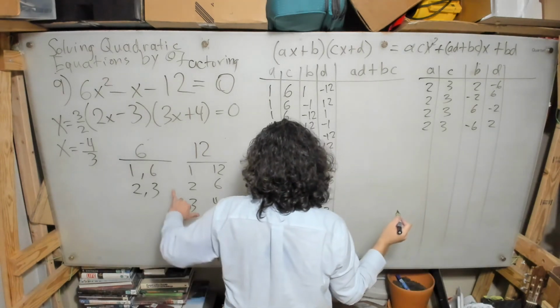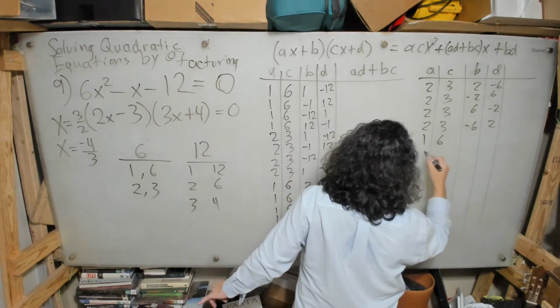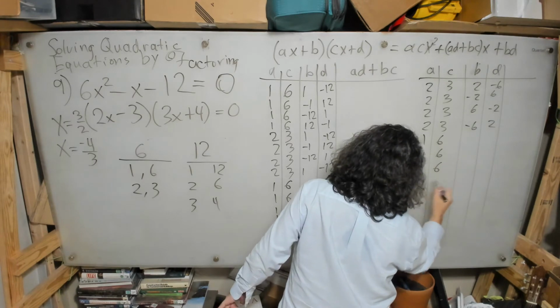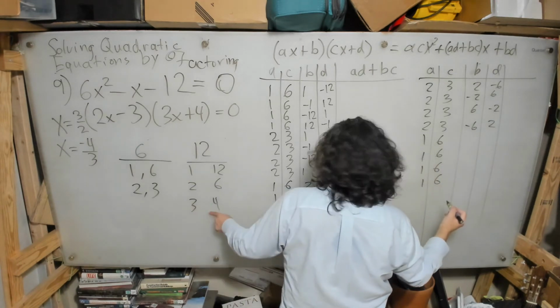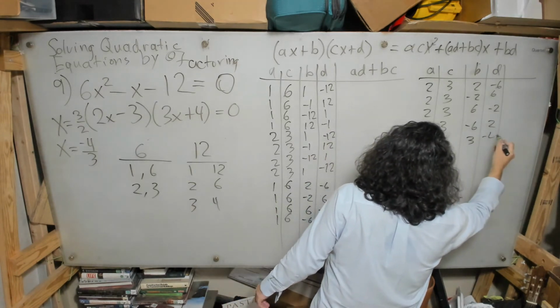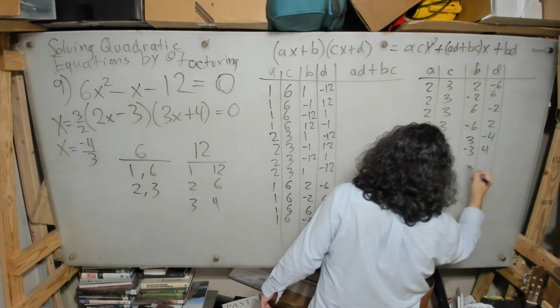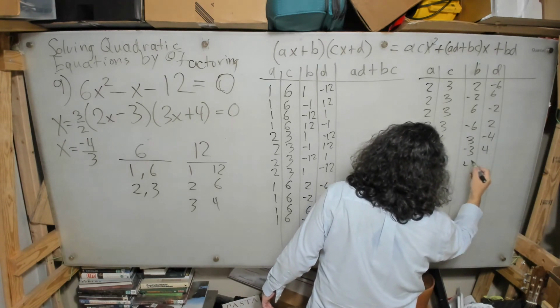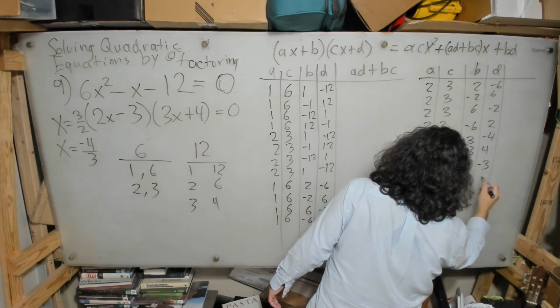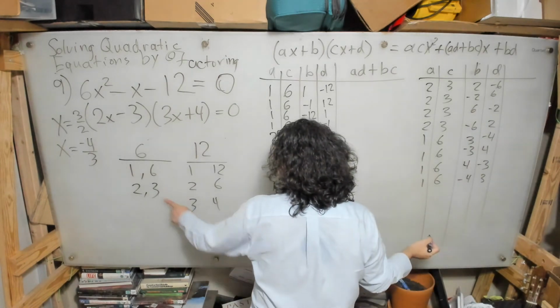And then the 1, 6, 1, 6, 1, 6, 1, 6, with the 3s and the 4s: 3, negative 4; negative 3, 4; 4, negative 3; negative 4, 3. And then finally it's going to be this row with this row.